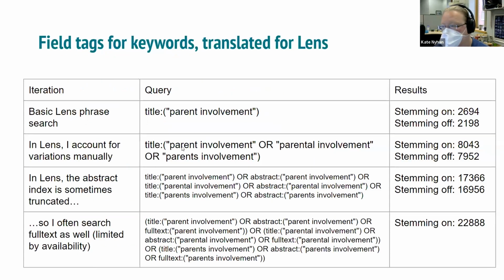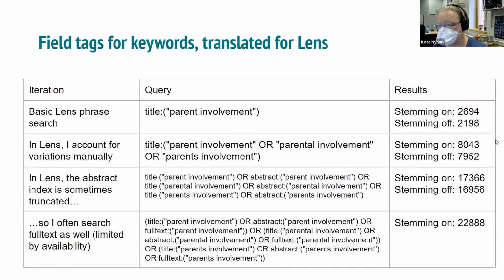So I'll try parent involvement, parental involvement with the adjective parents involvement. The database doesn't pay attention to punctuation, so I don't need to worry about the singular possessive form or the plural possessive form as long as I have this S here. And you can see that although I'm still searching in the title index, I get a lot more records as a result.